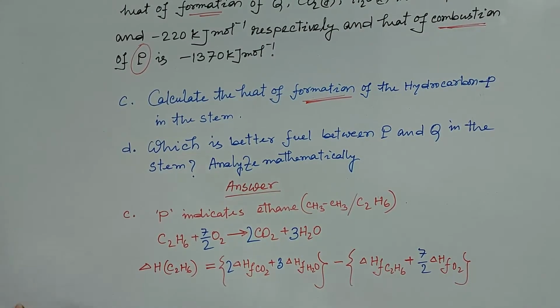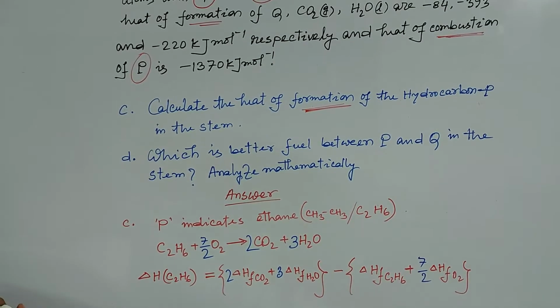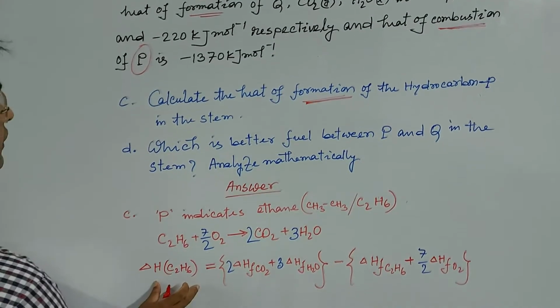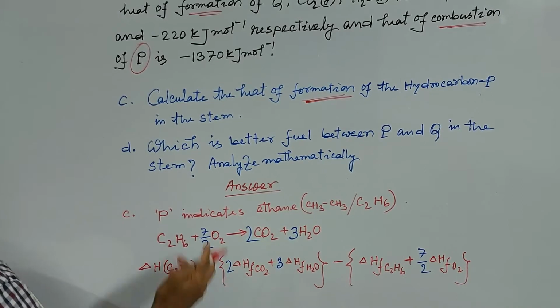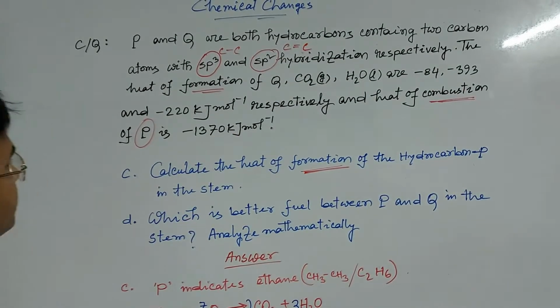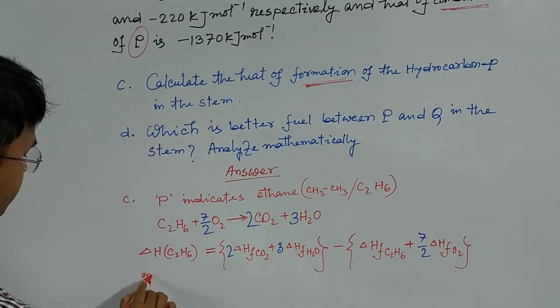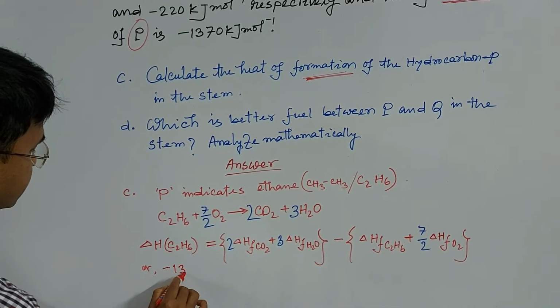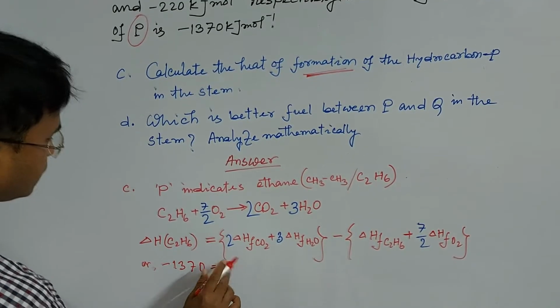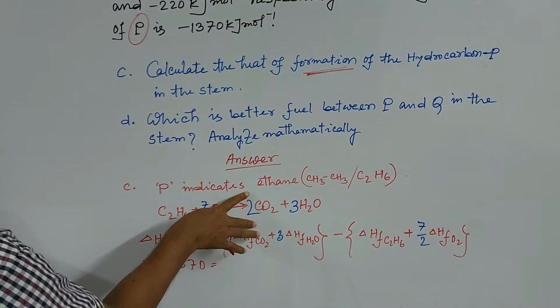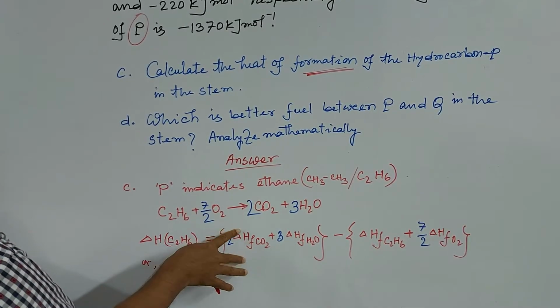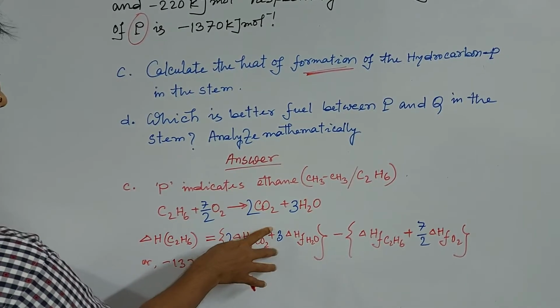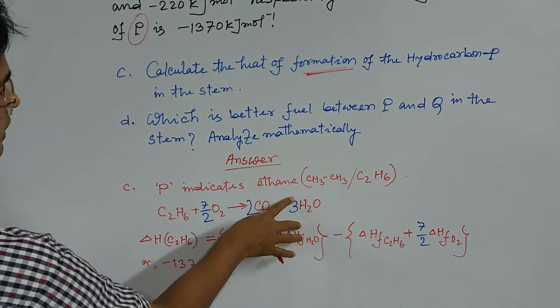So I have to write the values here. The heat of combustion of ethane, given in the stem, is minus 1370. This equals 2, the coefficient given here, times the heat of formation of carbon dioxide, plus 3, the coefficient also given in the equation, times the heat of formation of water.